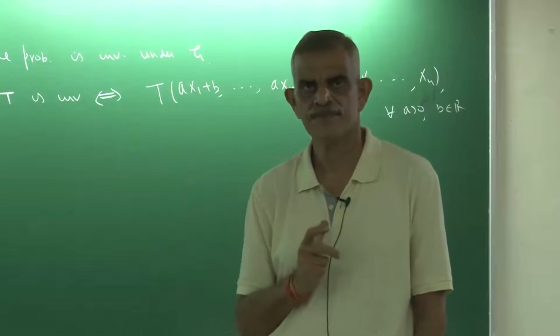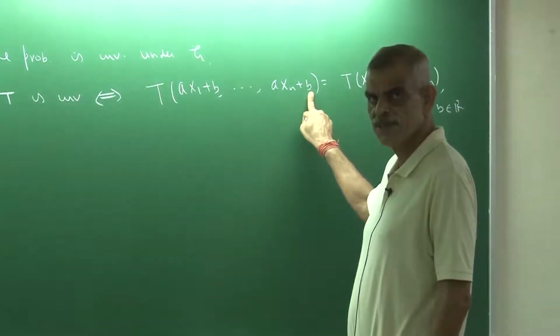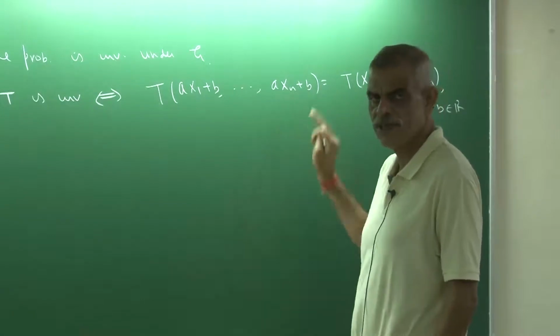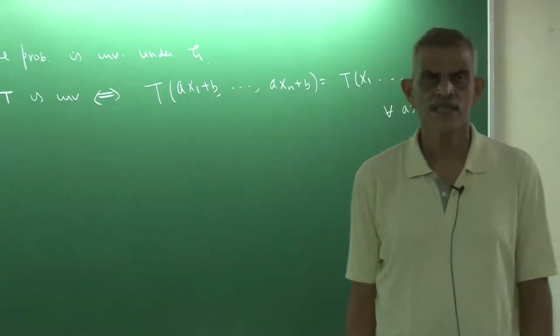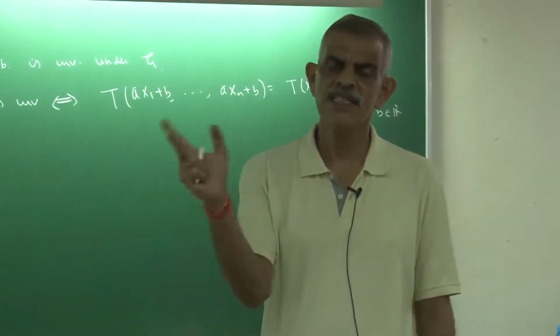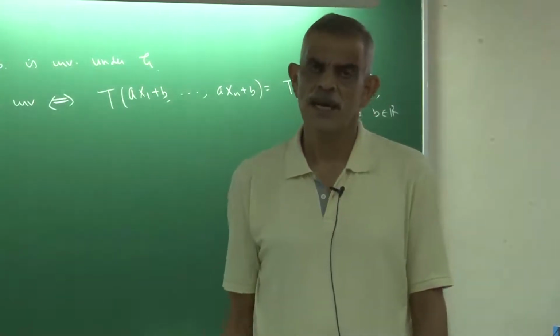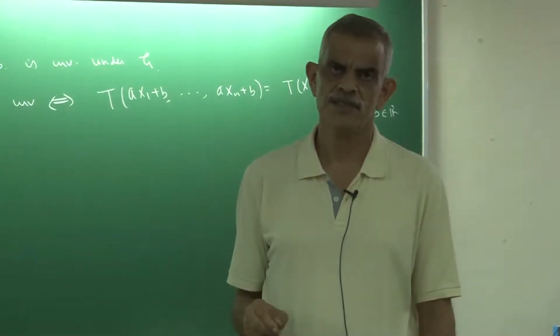Then what I do is I take b to be 0 and a to be 1 upon mod of xn minus 1 minus xn. Now in the d's there is no b, so only a is there, and a would come outside. So it becomes x1 minus xn upon mod of xn minus 1 minus xn.